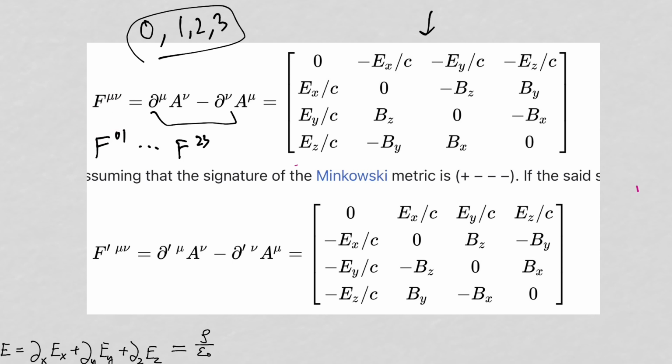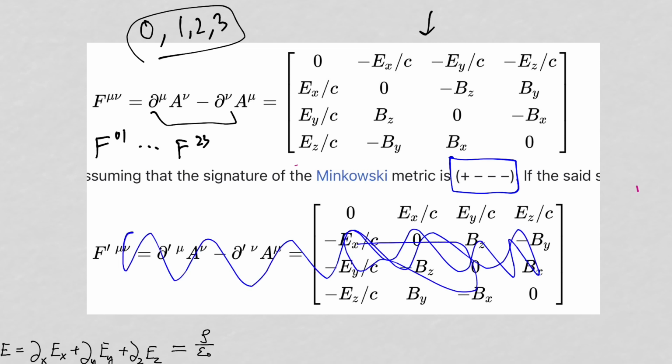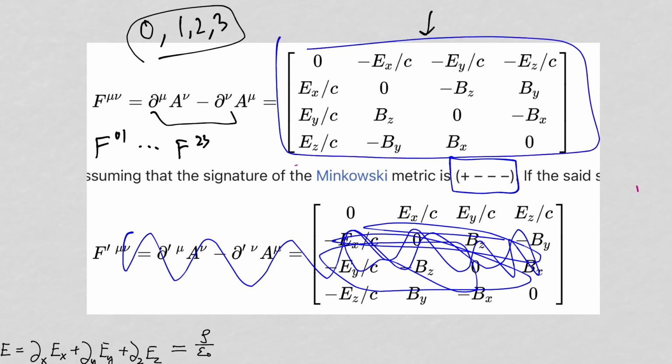The metric that we're using here is the mostly minus metric. If you use the mostly positive metric, the only thing that happens is all the signs switch. But we're not going to do that. We're using the mostly minus metric. So that's the definition of this guy.